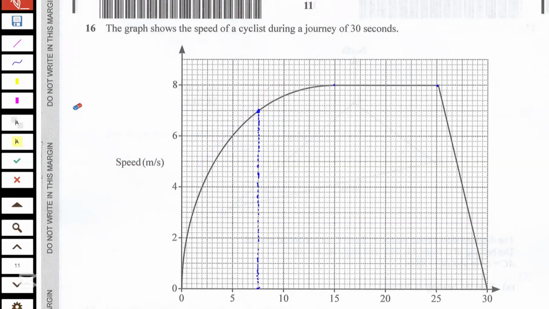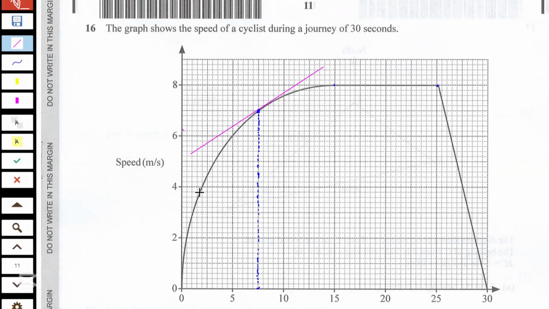Let me draw this again. Say this is the tangent drawn.